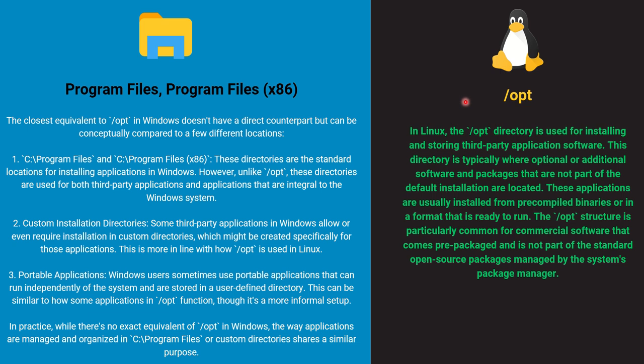When you install third-party applications, they are segregated under /opt. But in Windows, unless you are aware and choose on your own to create a custom directory, by default both third-party applications and pre-installed Windows system applications go into the same folder.